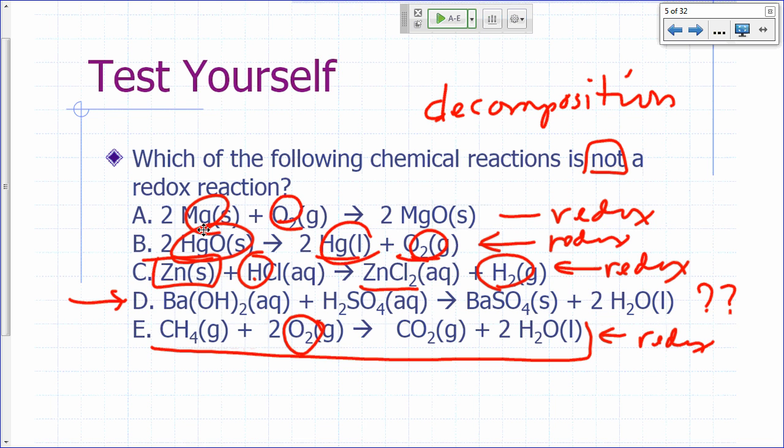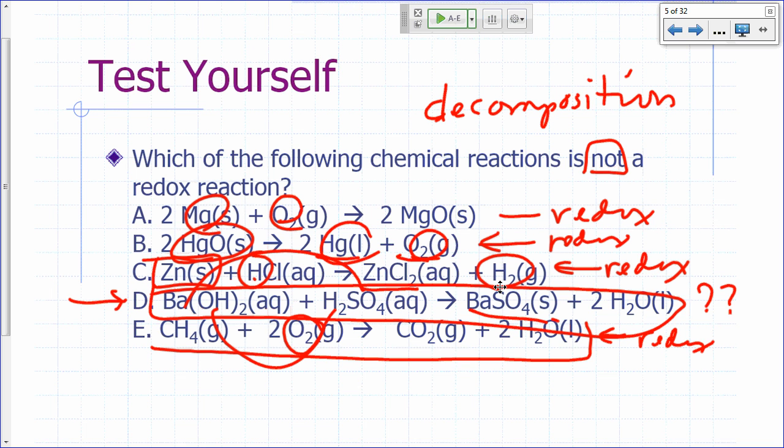In fact, this reaction is not a redox reaction. Okay, precipitation reactions in general are not redox reactions. This is an example of what you would call a double replacement, where you imagine you have an exchanging of partners here. So this gives you a precipitate of barium sulfate, and it's also an acid-base neutralization.